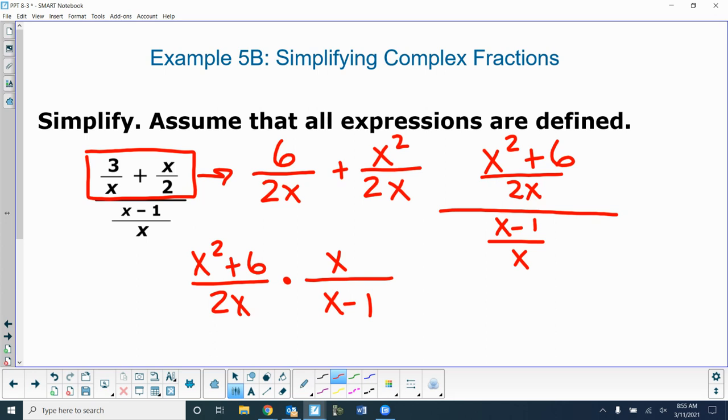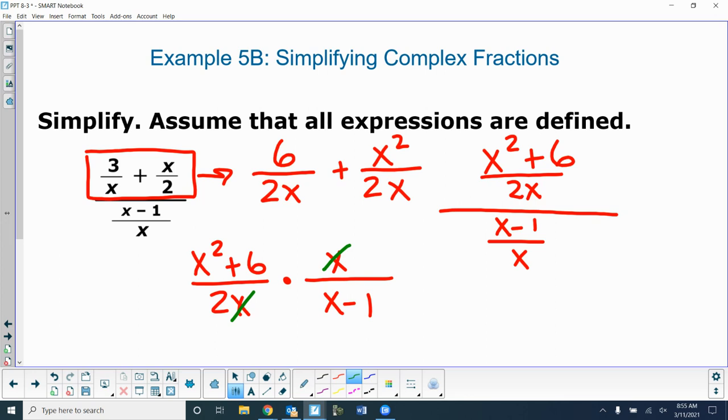No. So, are there any factors that I can cancel? Yeah, you're right. Which one? The x squared one or this x one? No. This one. With this x or this x? The left one, right? This top right one with this bottom left.